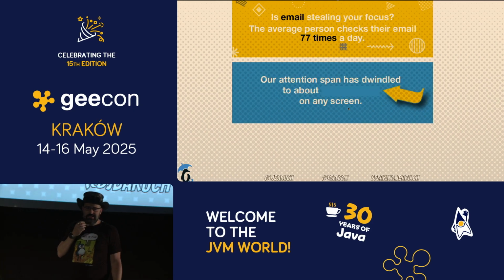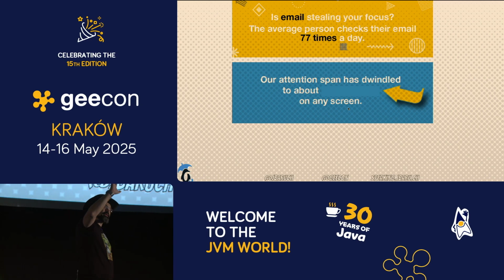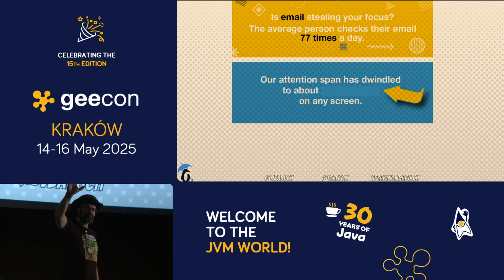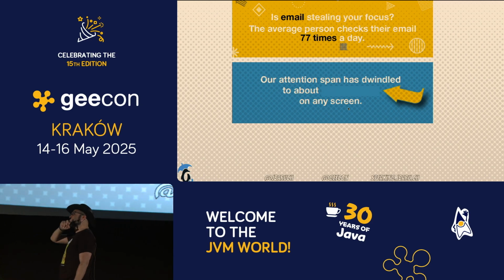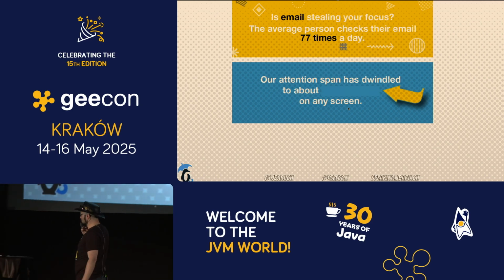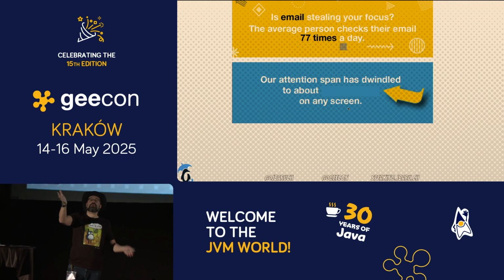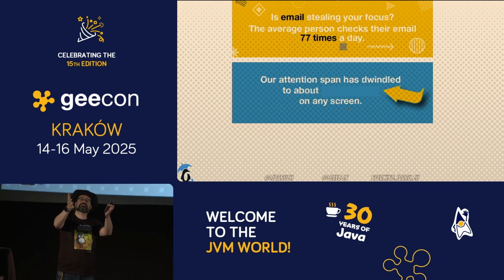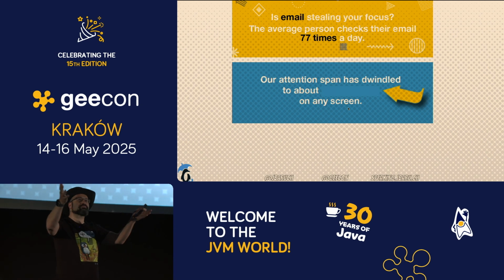Our attention span has dwindled to how much time we look at each screen. Go for it. Shout. You're good. Writing code, how much time do we look at the screen? 15 minutes, hours.